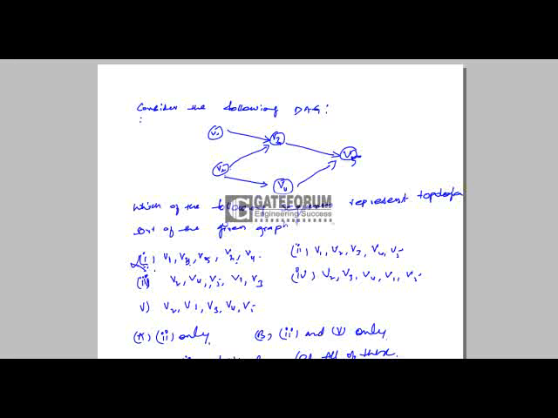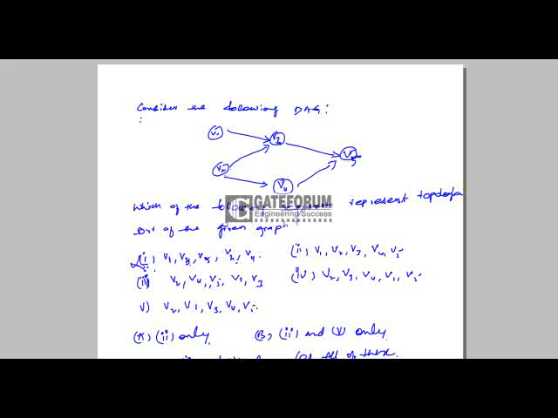If we see the third one, V2, V4, there is a path from V2 to V4 and V2 to V5, this is okay. And V2 to V1, there is no path between V1 and V2. And V1, V5, this is also okay.